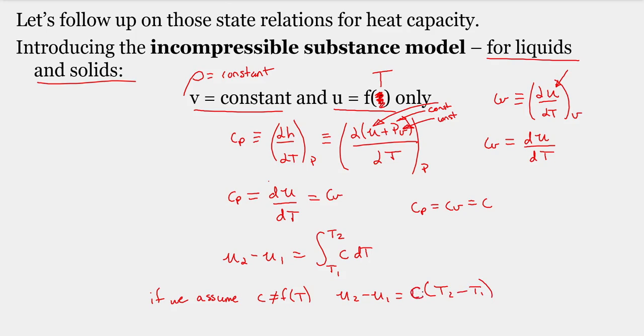And you can see we went from these kind of abstract concepts of specific heats and partial derivatives to something that looks really easy to use, okay? And you look at this and you say, hey, because of the assumptions of the incompressible substance model, we can take this information, go back to the definition of the enthalpy, and we can say, hey, the change in enthalpy, so recall, again, by definition, the enthalpy is U plus PV.